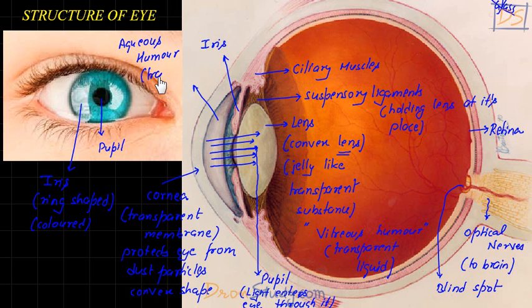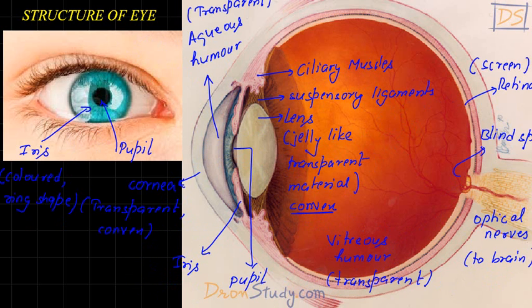It is also a transparent liquid. Why are these two liquids transparent? We will see later in this chapter that light rays will travel inside the eye. Light rays can travel only if these things are transparent, right? If they are not transparent, how will light travel inside the eye?